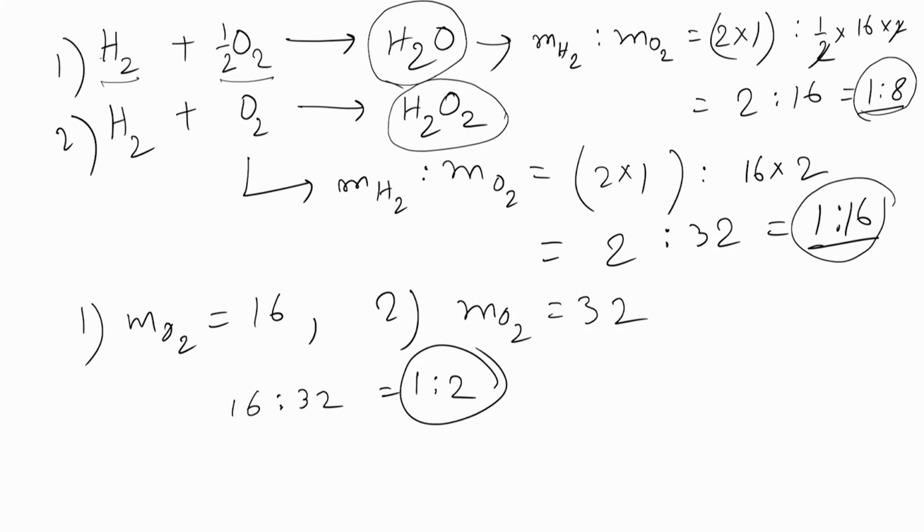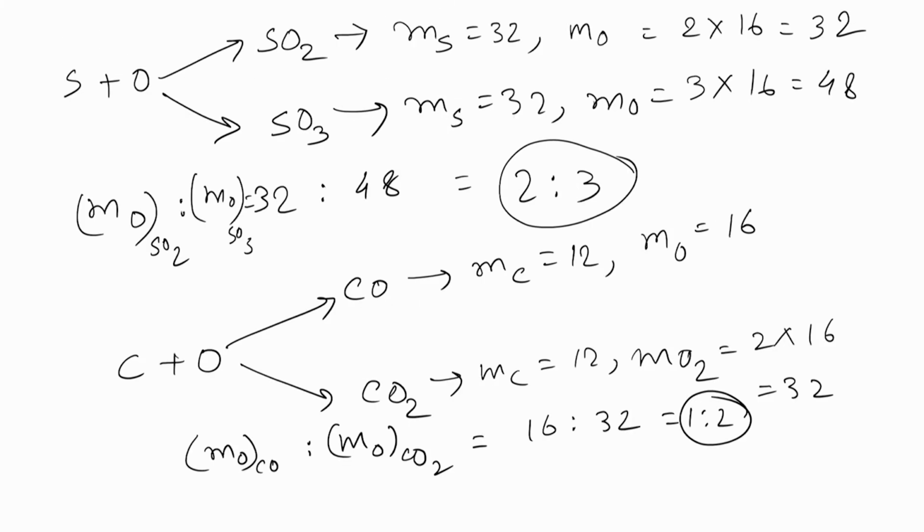For water, it was 1:8, and for hydrogen peroxide, it was 1:16. So we had seen that the ratio of the masses of oxygen in these two reactions was in the whole number ratio of 1:2.